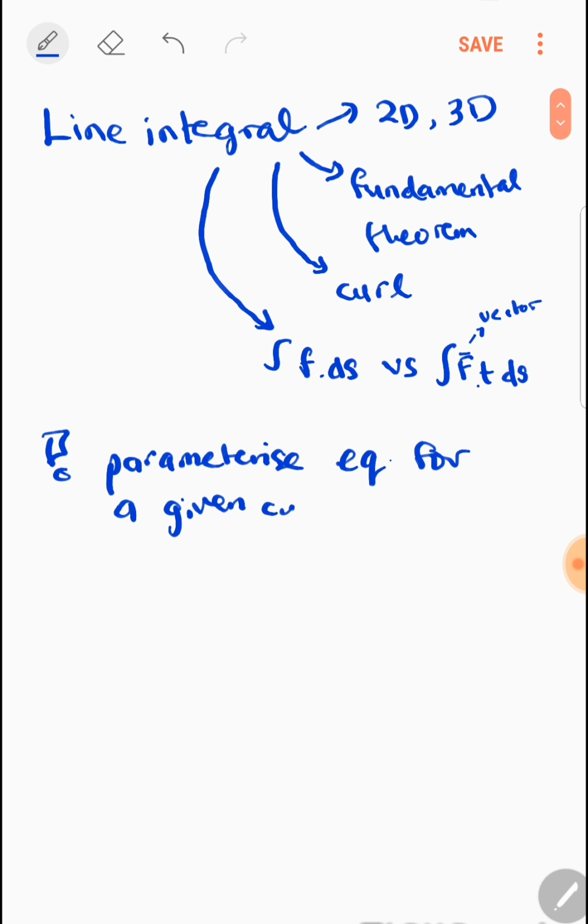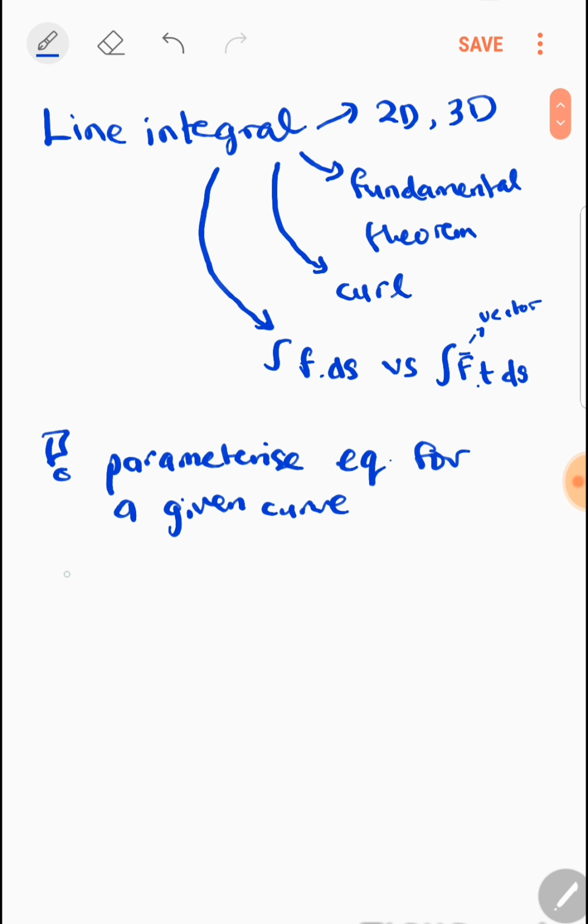So that's the thing that you want to know. If you remember, when we did surface integral not too long ago, we had the parametric equation and so on. So it's very important to parameterize the equation, but later on when we do the question, you will be able to see it clearer.